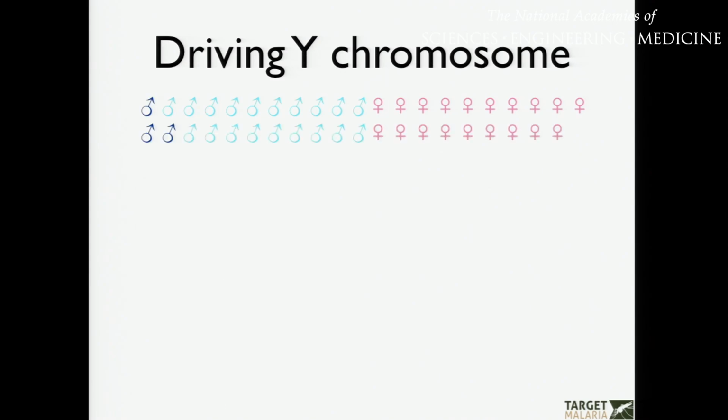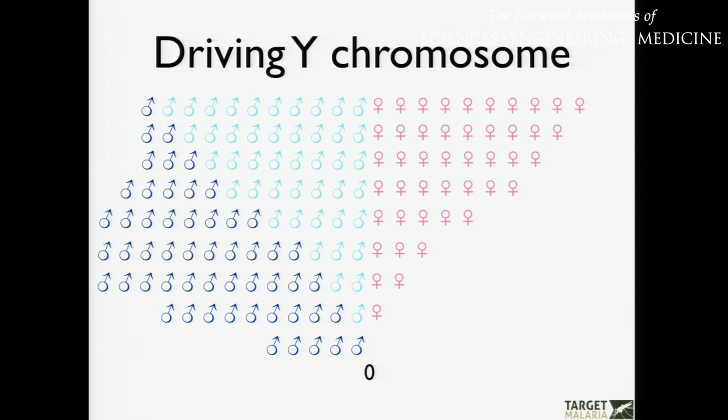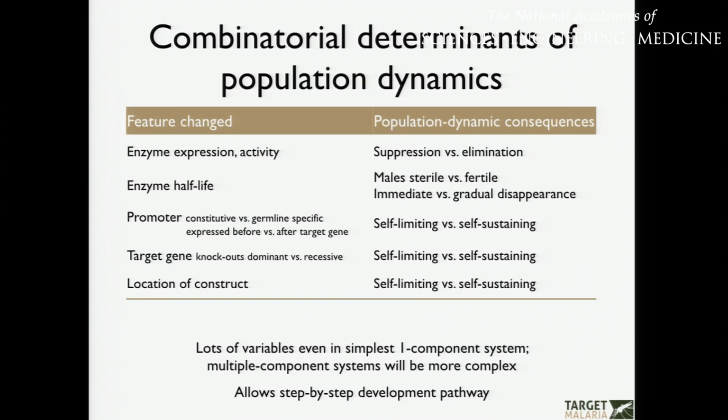That feature, that the outcome, suppression versus elimination, depends upon how strong the drive is, is an example of something important to bear in mind: even the simplest system of a single gene causing a driving Y chromosome or a single gene causing a homing event has a number of features that you can change, which will change the population dynamic consequences.